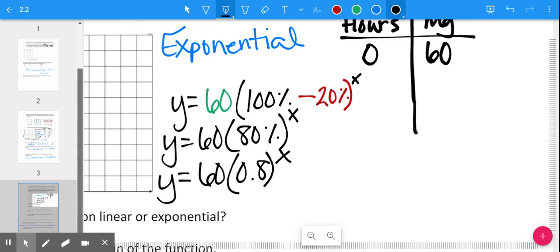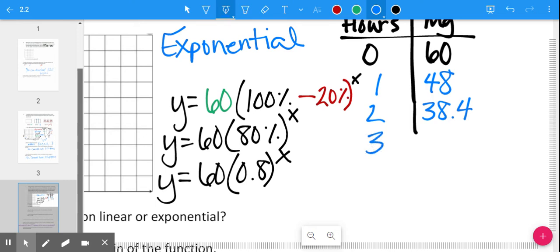Now you can use that equation to fill in the rest of your table. After 1 hour, that dog now has 48 milligrams of the medicine. After 2 hours, the dog has 38.4 milligrams left in its system.